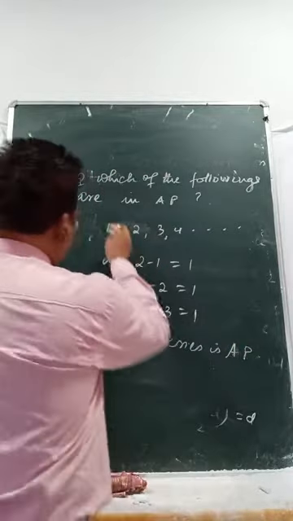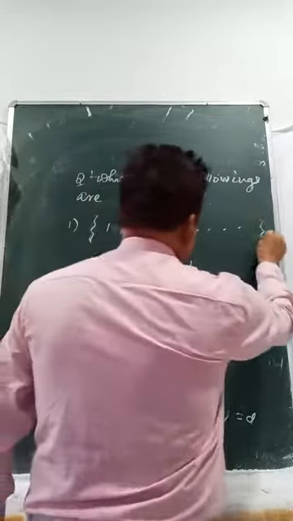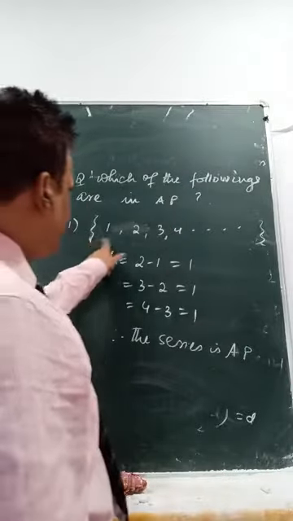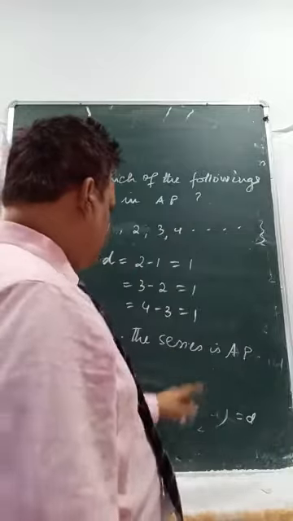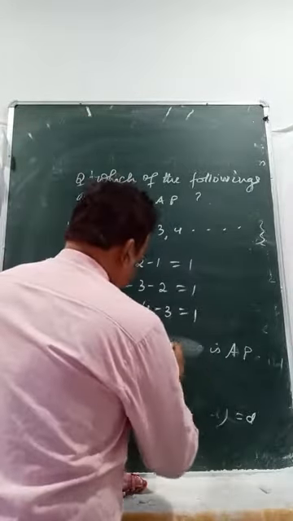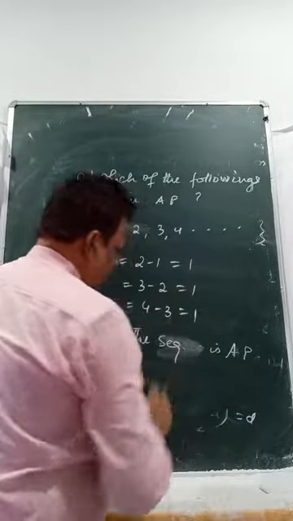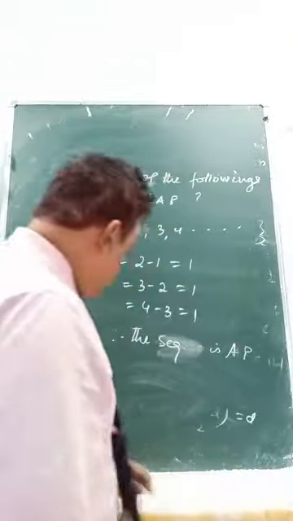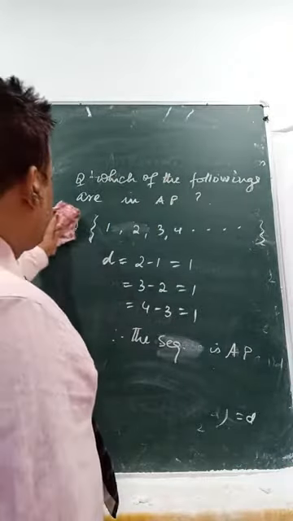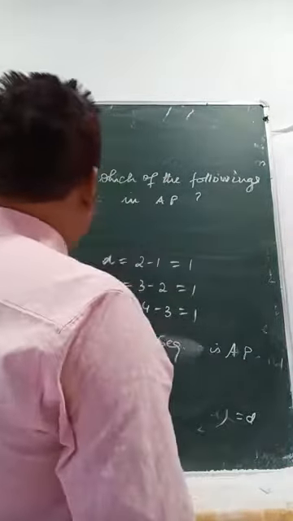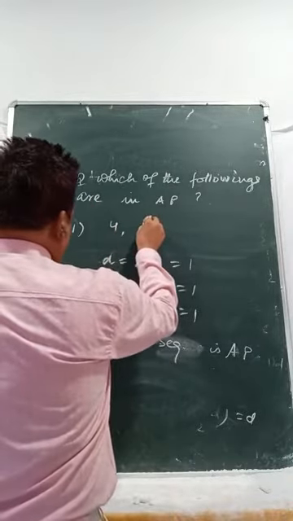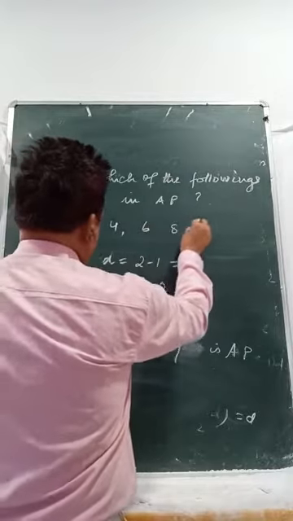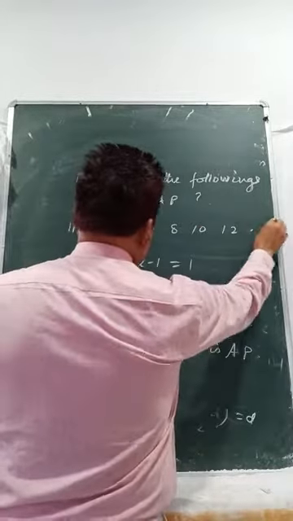But when you write a series, you have to give this symbol. This is the symbol for the sequence. So sorry, the sequence is AP. Let's take one more. 4, 6, 8, 10, 12 like this.